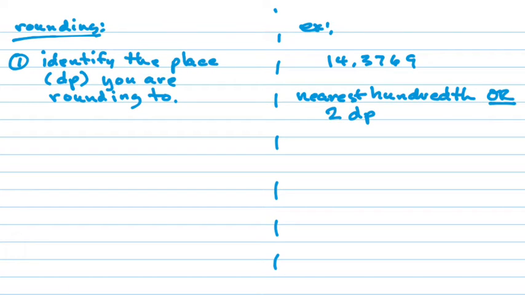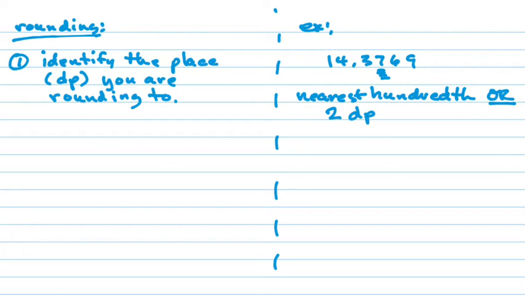It means the same thing because hundredths are 2 decimal places. Generally, we say it's rounded to so many decimal places, but they can tell you to round it to a specific place value. So the first thing we need to do is find out what number is in the place value we're rounding to. That's 2 decimal places, so that's our 7, yeah?